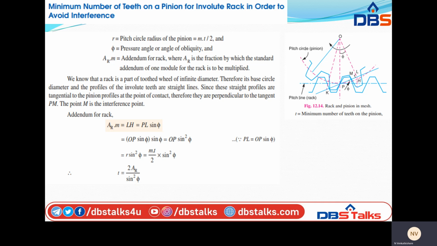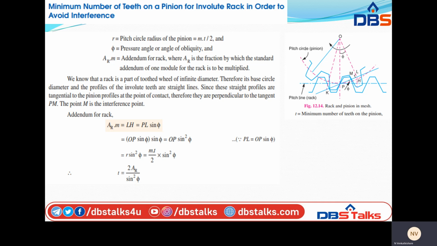Since these straight profiles are tangential to the pinion profiles at the point of contact, as we can see in the diagram, they are perpendicular to tangent PM, and the point M is the interference point.